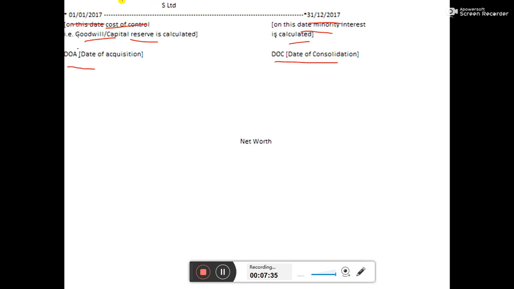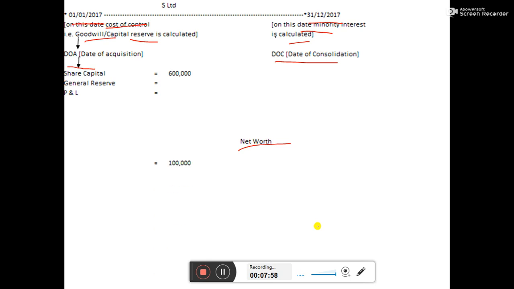For both these calculations, we require net worth. To calculate net worth, we require share capital, general reserve, and profit and loss account. So as per the information given in the balance sheet, share capital of S Limited as on 1st January 2017 is 6 lakhs.